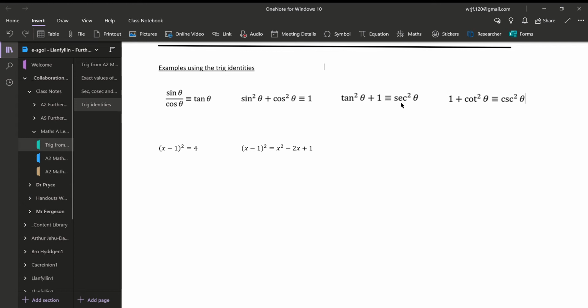The right hand of the two, where I've got (x minus 1) all squared being equal to x squared minus 2x plus 1, is an example of an identity. So on the left we've got an equation, on the right we've got an identity. The essential difference is that the right hand one is true for any value of x.